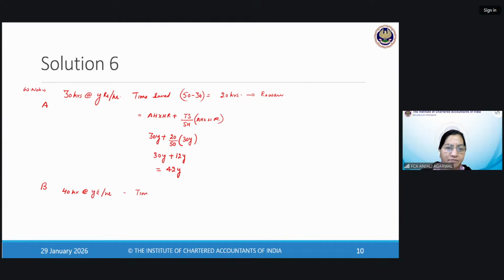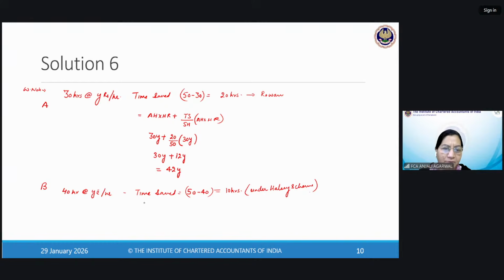Time saved for him will be 50 minus 40, 10 hours, and he is under the Halsey scheme.